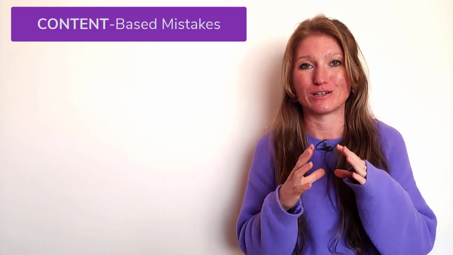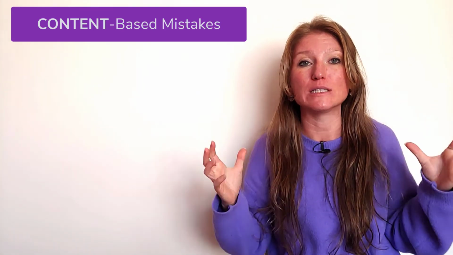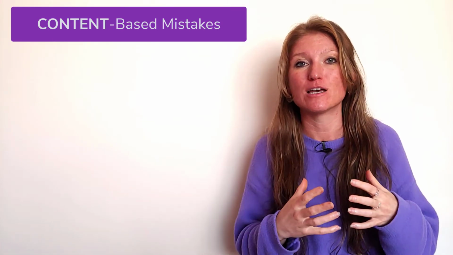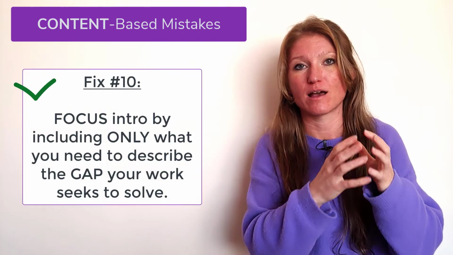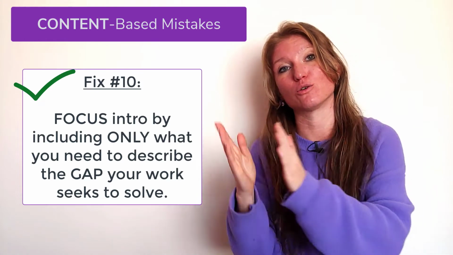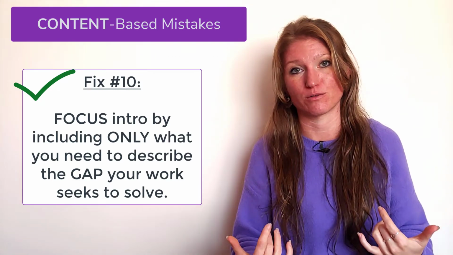Whatever it is, there's going to be something missing from the current state of the field, which is the whole entire reason why you are doing this work and why this work exists. So here, work on including only the amount of information that you need to fully explain a problem that exists that your research is the direct answer to.